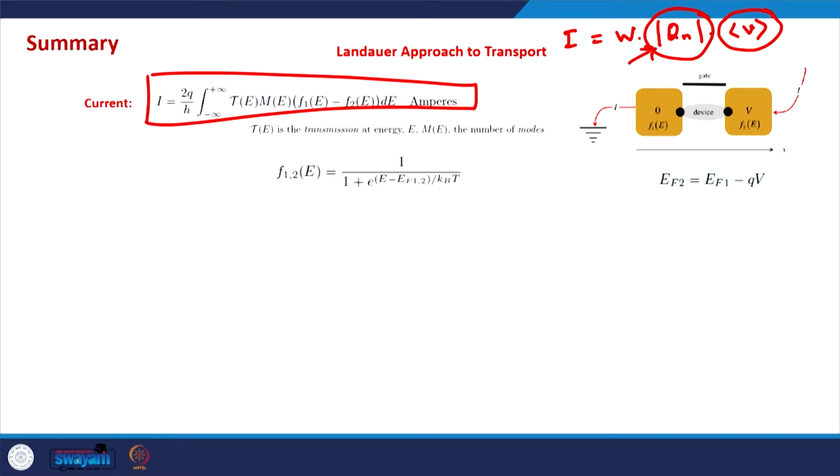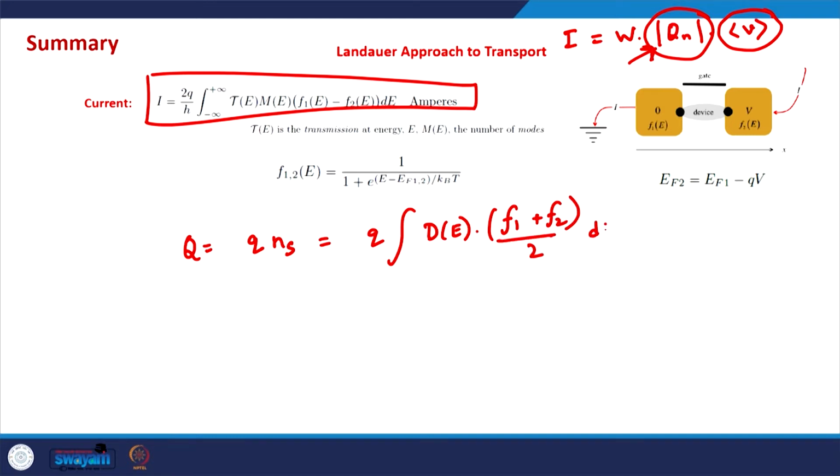This charge can also be calculated from our expression of charge, which looks like this in the steady state. It also comes from the general model of transport, and can be written as the integral of dE times (F1 plus F2) by 2.